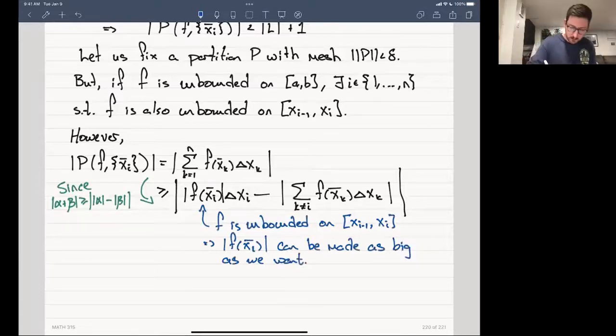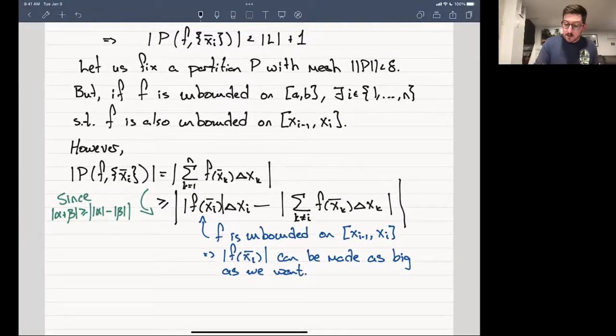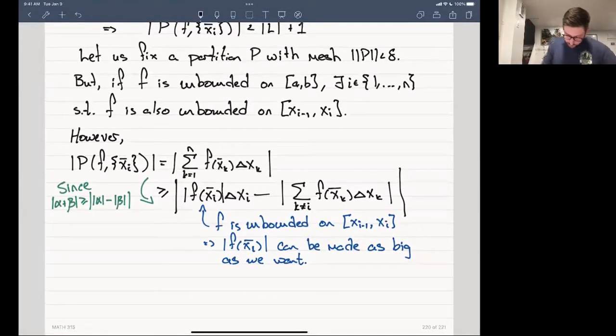Why is that an issue? Well, I can choose an evaluation point that will make this whole thing huge. So I don't change any other evaluation points. I keep all the x_k bars the same. The only one that I change is x_i bar, and I blow up this end here. But then that blows up the value of the Riemann sum, which is impossible because the Riemann sum has a definite upper bound of the absolute value of L plus 1.